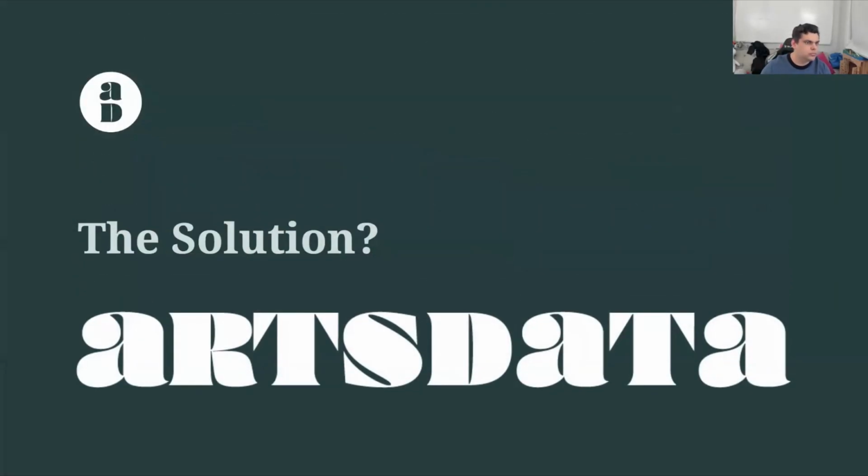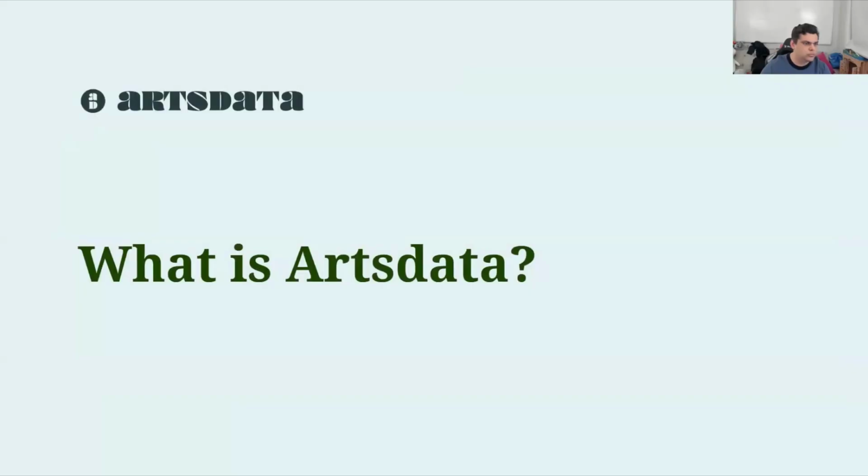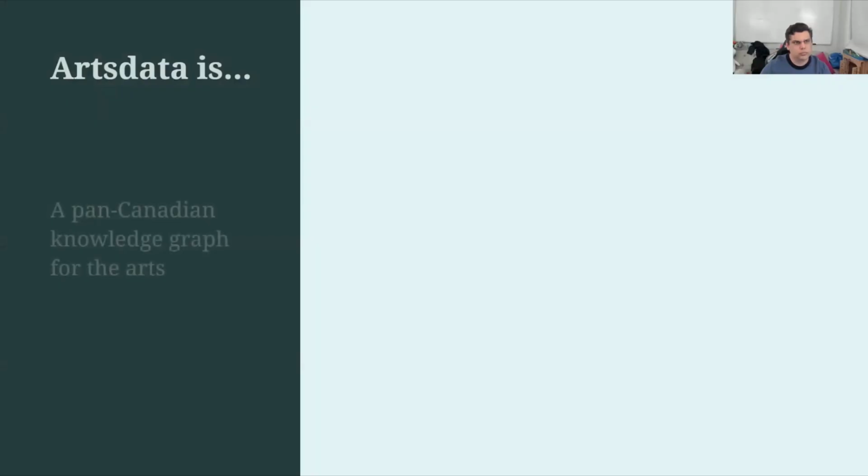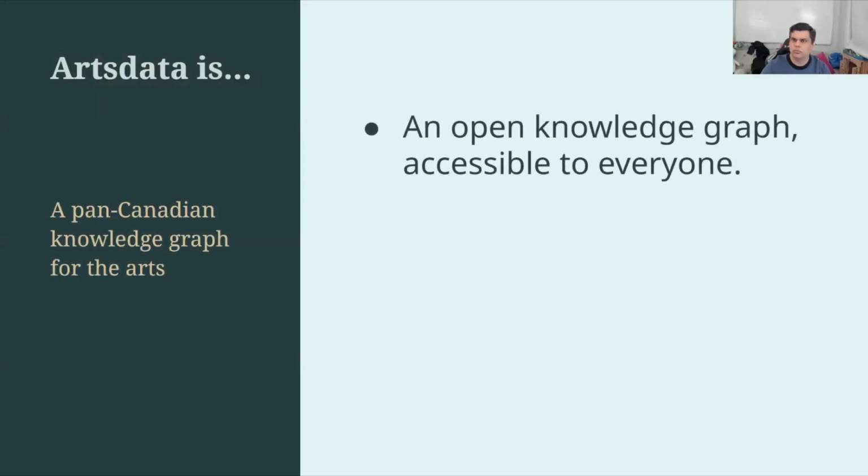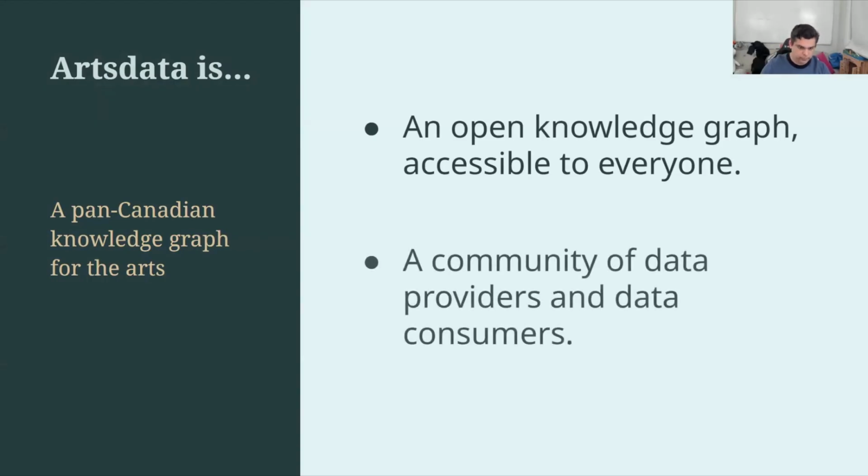So the solution, there's more than one, but we're going to talk about one today, which is Artsdata. So what is Artsdata? Artsdata is a knowledge graph that is open and accessible to everyone. It's also a community of users who are providing data and consuming data from Artsdata.